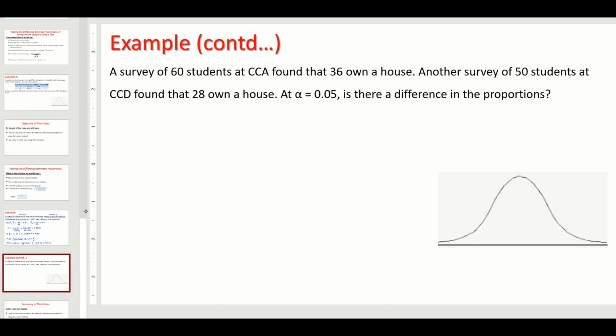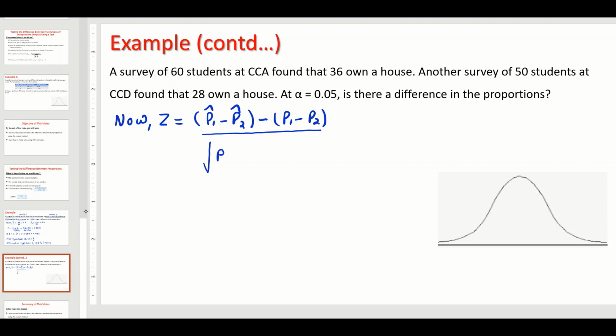Okay, now let's use that formula. Our formula was Z equal to P1 hat minus P2 hat minus P1 minus P2, all divided by the square root of P bar times Q bar multiplied by 1 over N1 plus 1 over N2. Let's plug in the values.